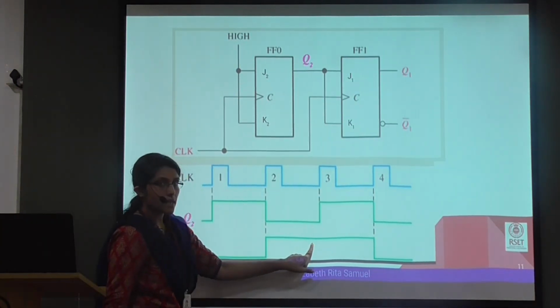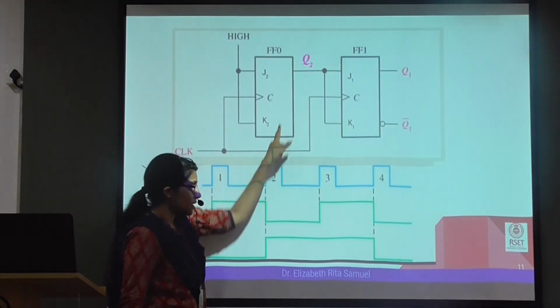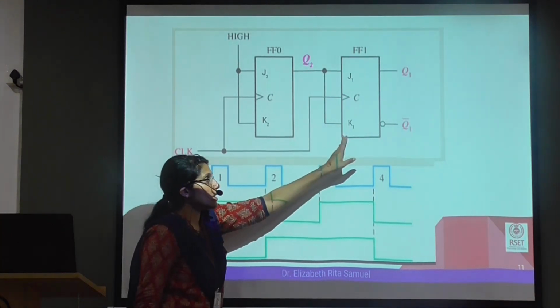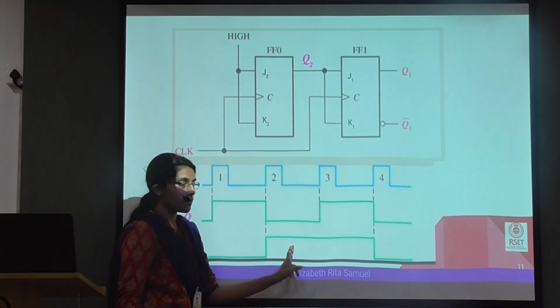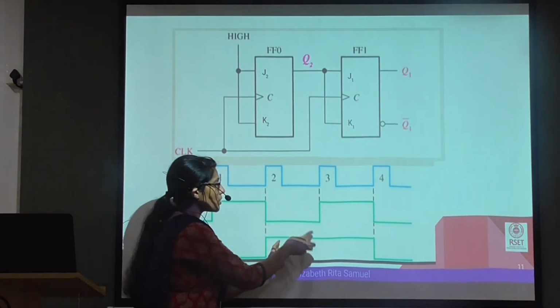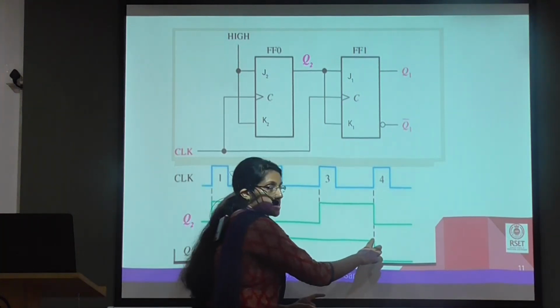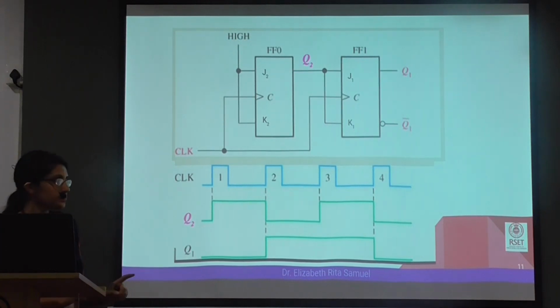At the next rising edge, we know that the input is Q2 and the Q2 is 0, which means that the input is 0, 0. It holds on to the previous value, which is 1, and it remains till the next rising edge, and so on. We can plot a waveform.